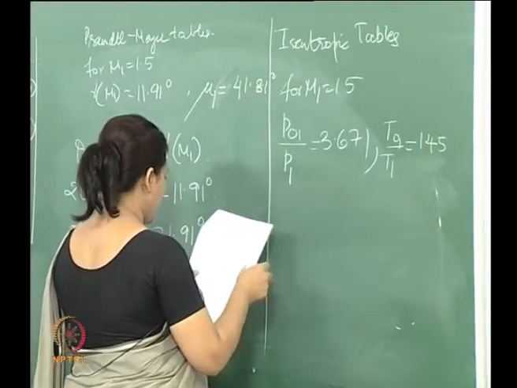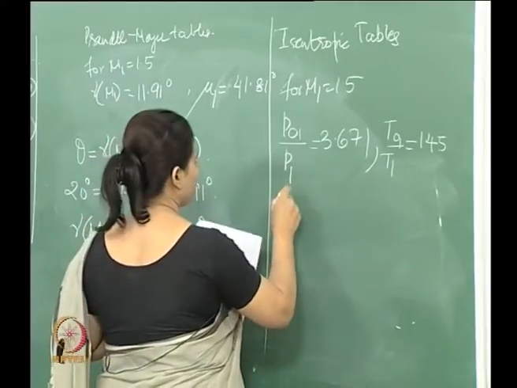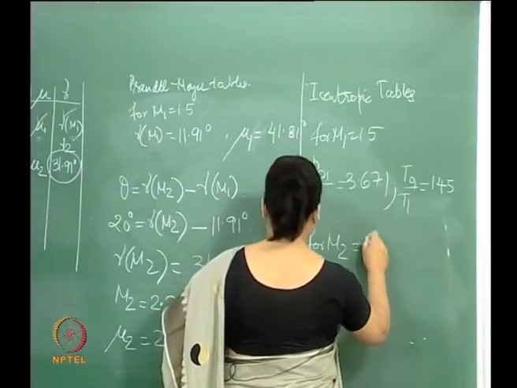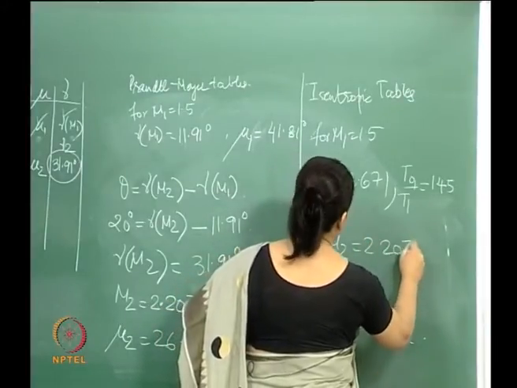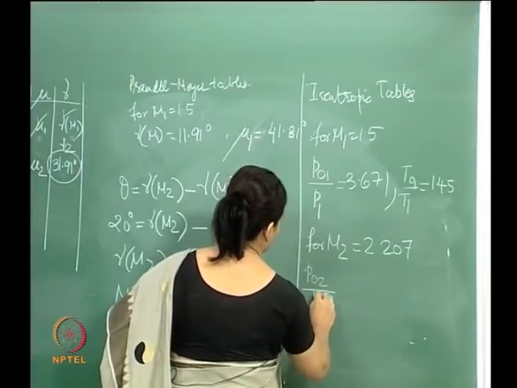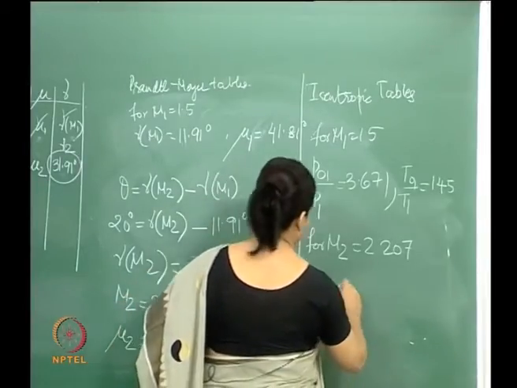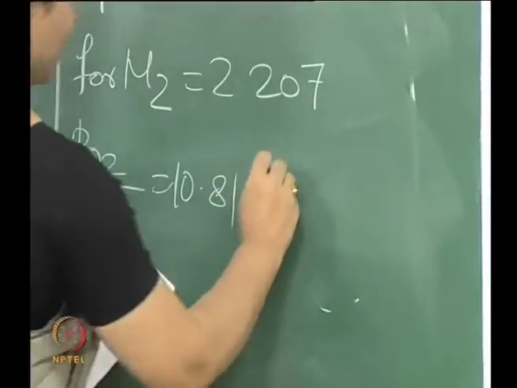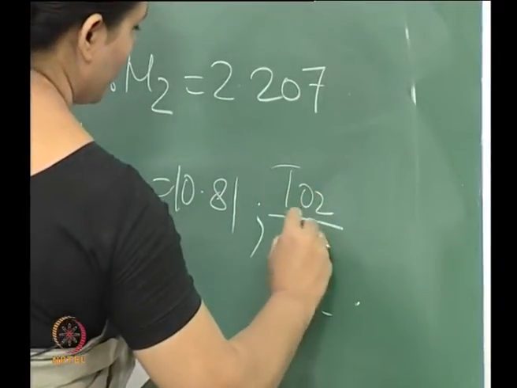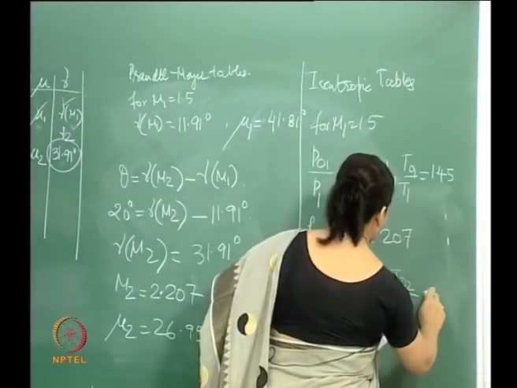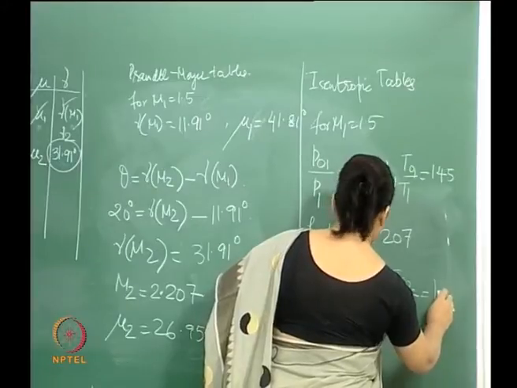And for M2 equal to 2.207, what we get is P naught 2 by P 2, which is 10.81, and T naught 2 by T 2 is around 2.